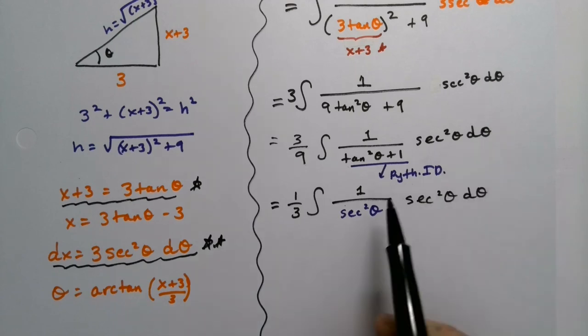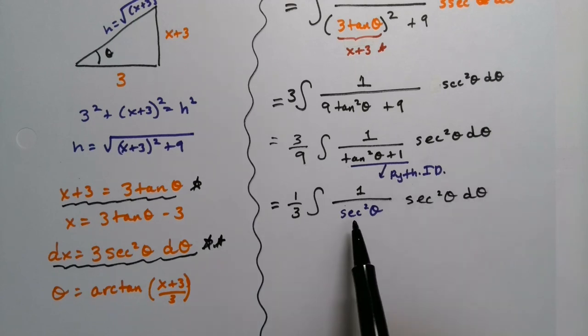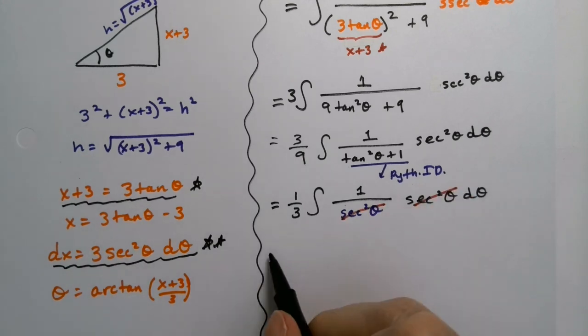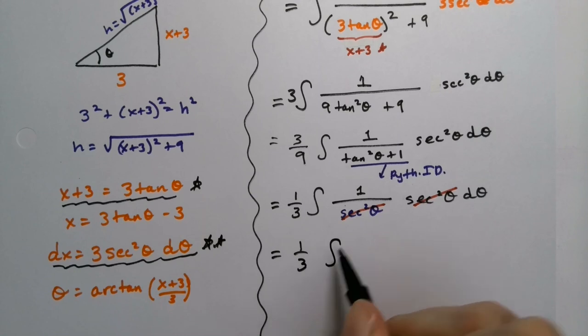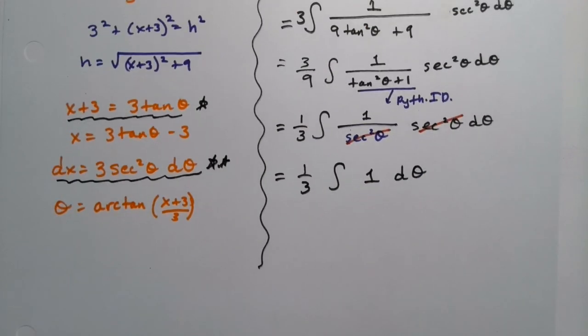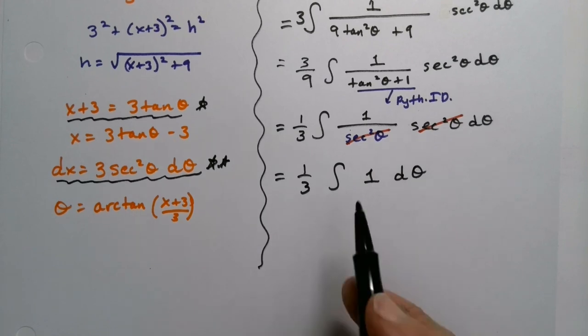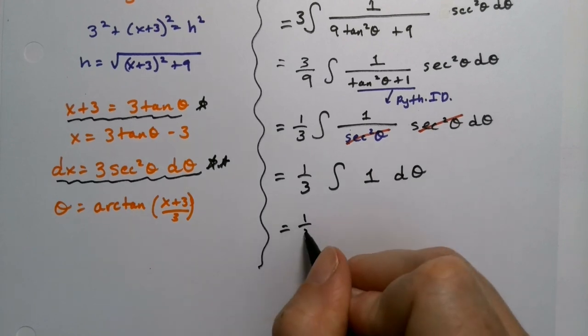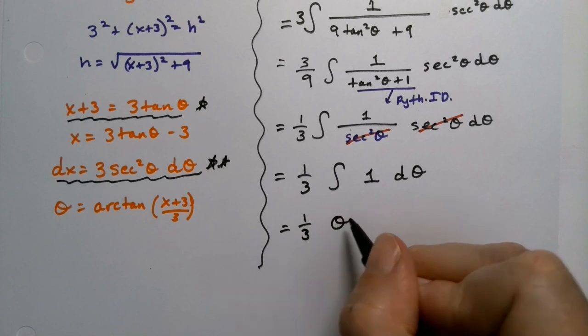Secant squared divided by secant squared, they're going to divide away to 1, and that means that I have 1/3 integral of 1 d theta, or you could just write d theta if you want to be extra lazy about it. And the integral of 1 d theta is just theta.